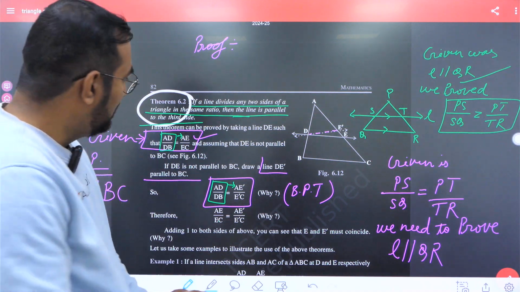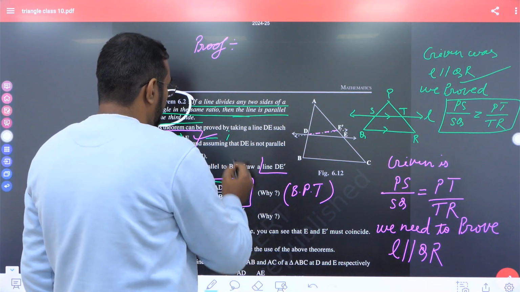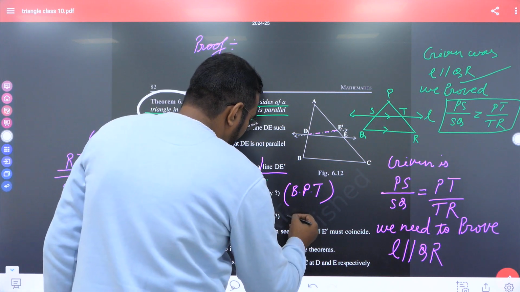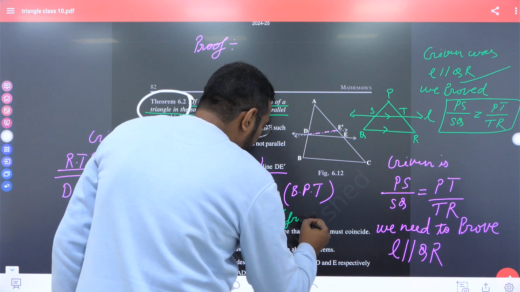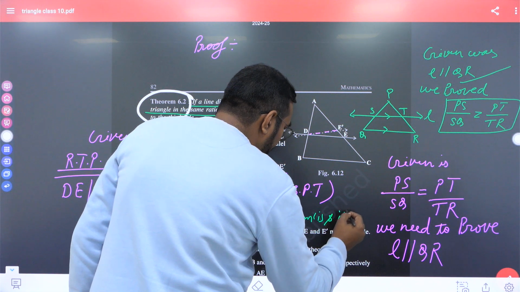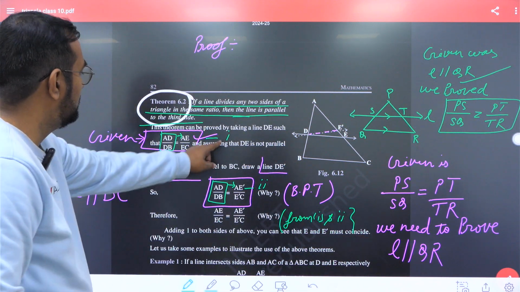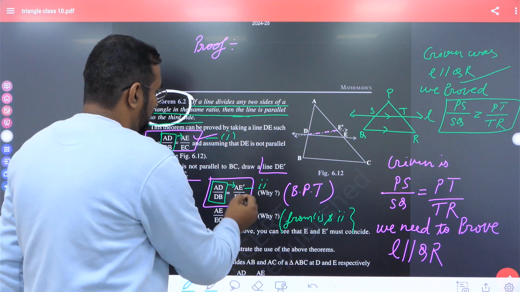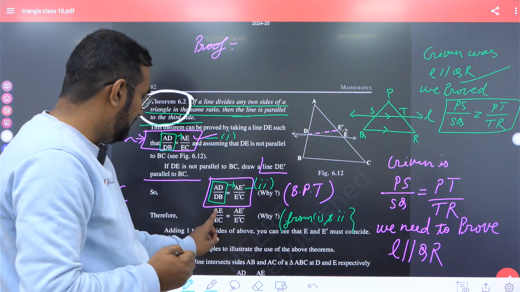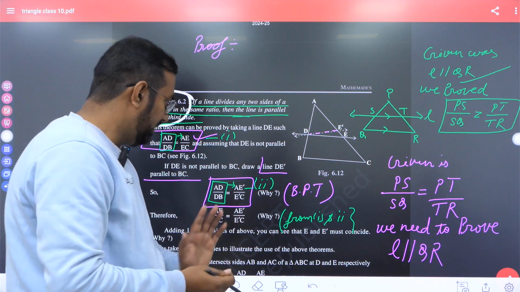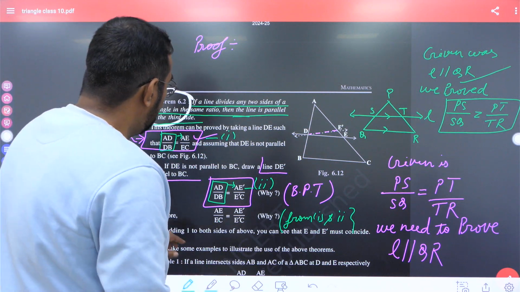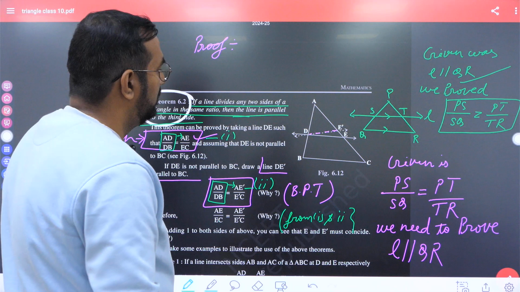Suppose this is equation 1 and this one is equation 2. So from first and second, we can say that AE upon EC is equal to AE dash upon E dash C. So by seeing these two equations, what do you conclude?